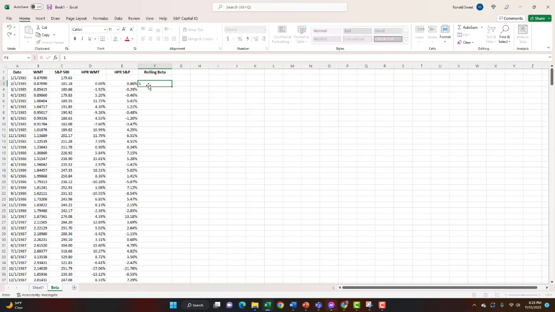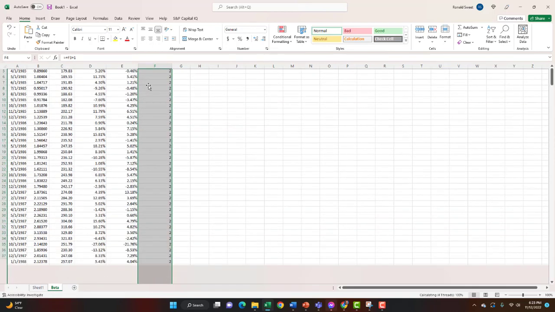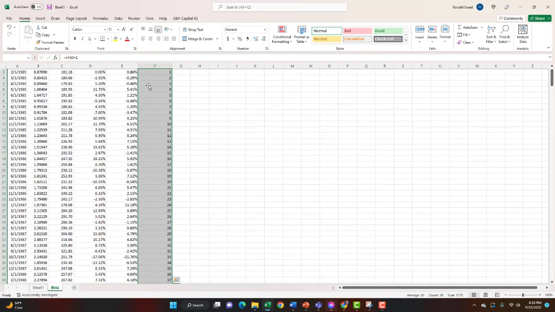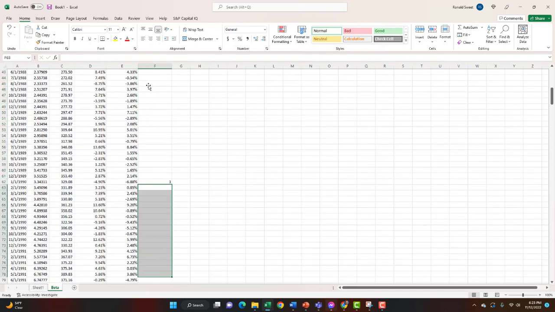So I'm going to put a 1 next to the first return, and then I'm going to do equal that plus 1. So I'm just going to count down, and I'm going to copy that down until I know for sure I've got 60 in there. So there's row 60. So that's the first 5 years right there. So I can Control Shift and get rid of those.